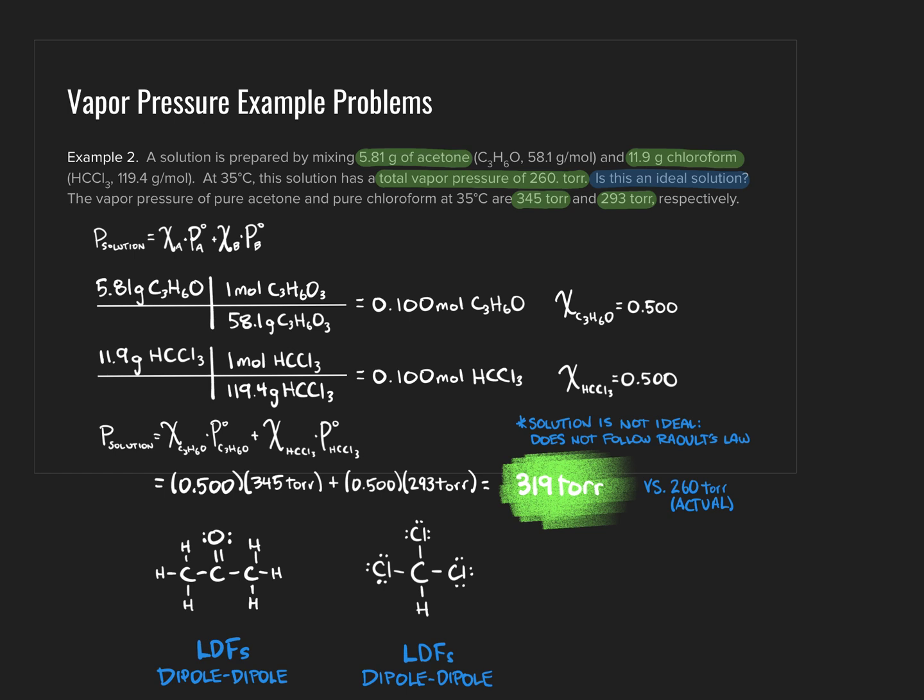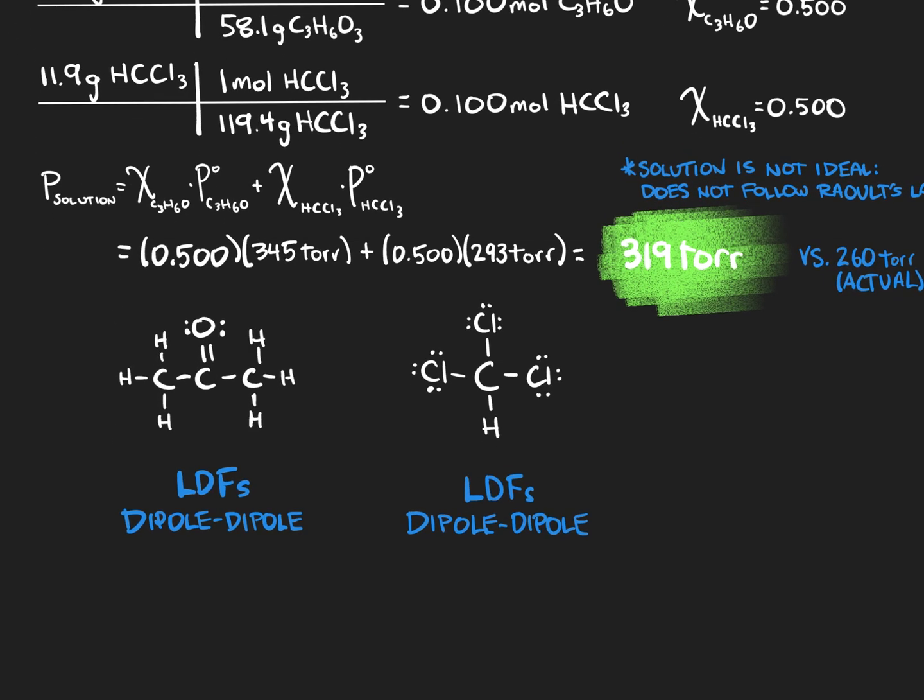Importantly, what we don't see within any individual component of our solution by itself is the ability to form hydrogen bonds. However, when we mix these two together, something kind of neat happens. Looking at that chloroform molecule, I've got a central carbon atom bonded to 3 chlorines around the outside.